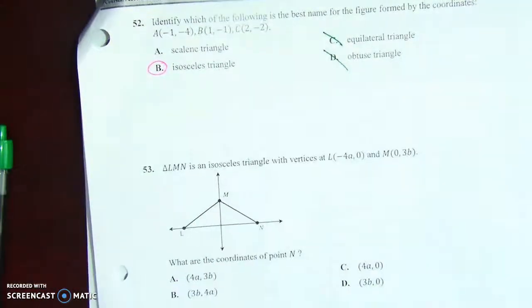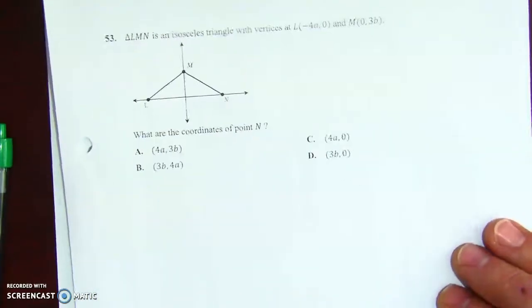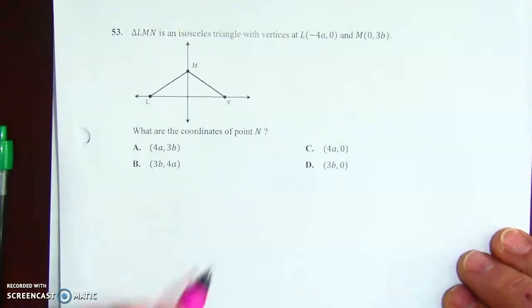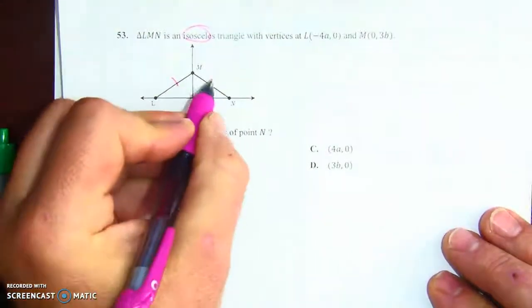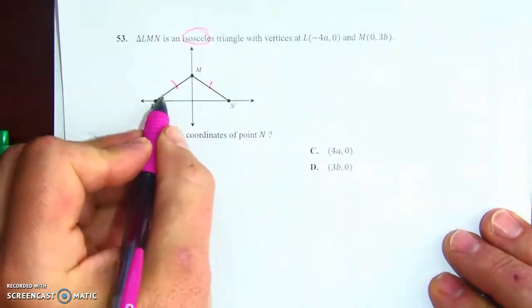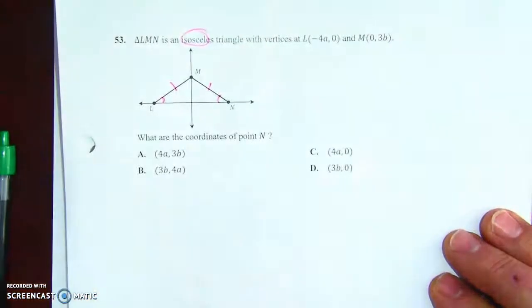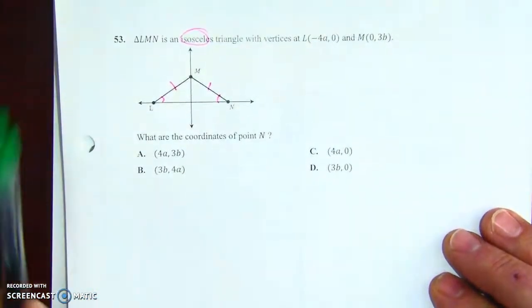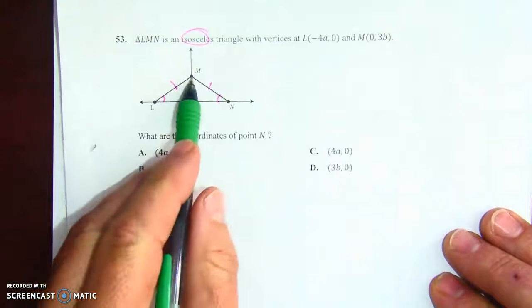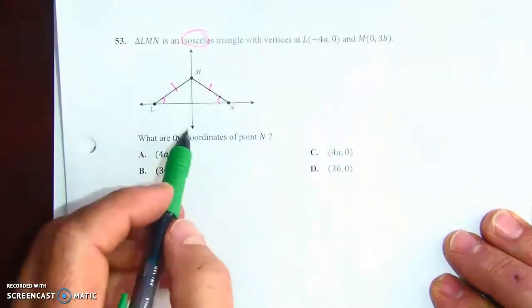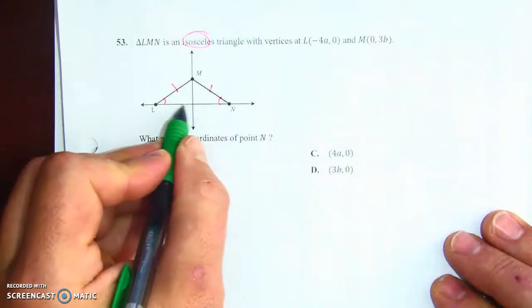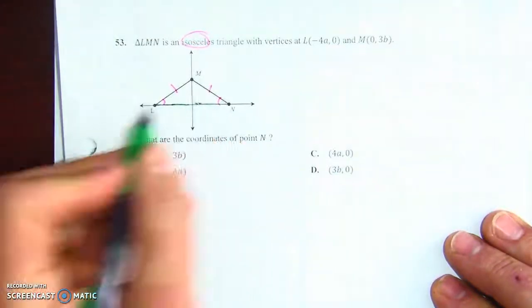All right, last but not least, number 53 from chapter 4. It says that we have an isosceles triangle. So that means this side and this side are congruent, and these angles are congruent. That means, where it says M is at 0, 0, pretty much on the axis, this side is going to be equal to this side.